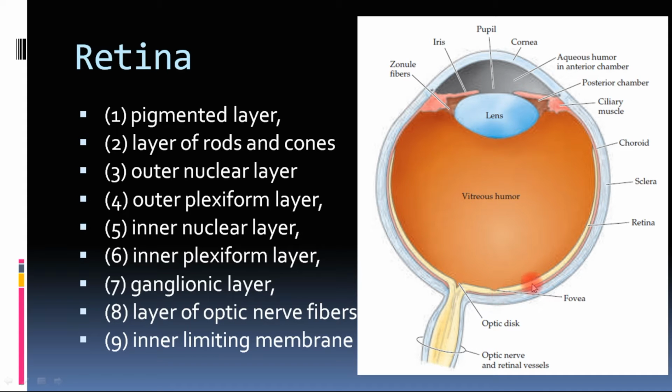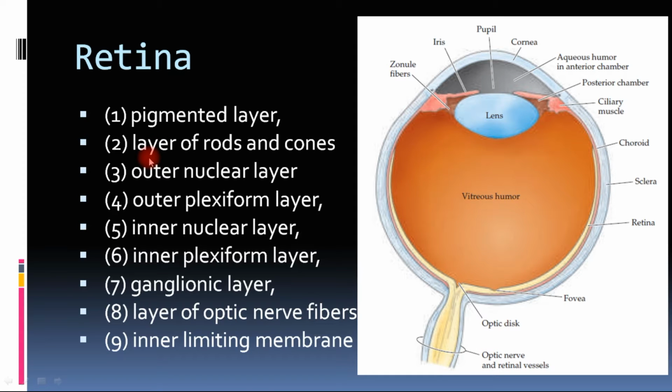In this retina, the sensory and neuronal network is found, which will convert the light into electrical activity or the action potential, and which will be conveyed to the brain with the help of the optic nerve. Now coming to the layers of the retina, as you can see there are several layers.